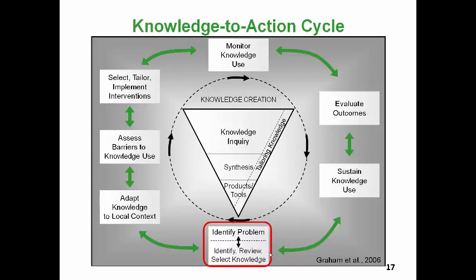The user must have a reason to access that knowledge, and that reason is based upon the identification of some type of problem by that practitioner. Once that problem has been identified, we begin here at the bottom, reviewing and selecting specific areas of knowledge, the research articles that were mentioned earlier in a previous video.